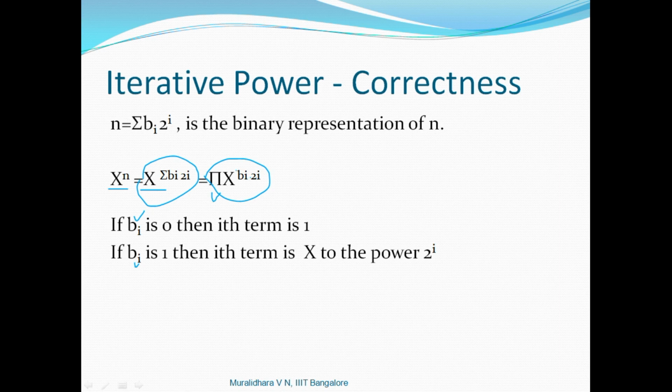If b of i is 0, then the ith term contribution is 1, so you don't have to do anything. If b of i is 1, then the ith term contribution is x to the power 2 to the power i. But the invariant that we are maintaining when you go inside the loop is that x will always have the value x to the power 2 to the power i.